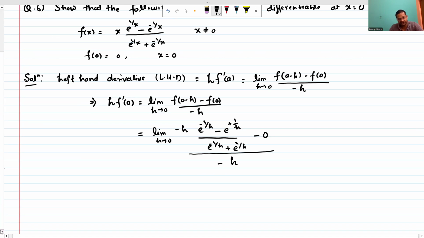So this minus of h and this minus of h will cancel out, तो क्या रिमेनिंग बचेगा हमारे पास, दिस इज योर लिमिट h tending to 0, e to power minus 1 upon h minus e to power 1 upon h divided by e to power minus 1 upon h plus e to power 1 by h.